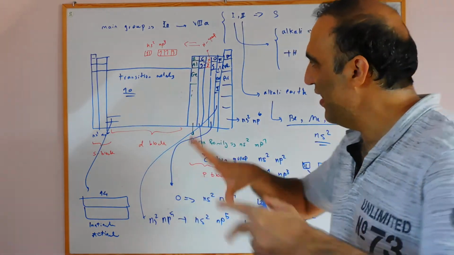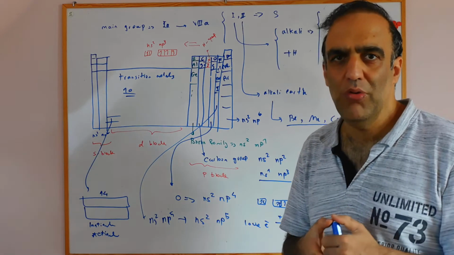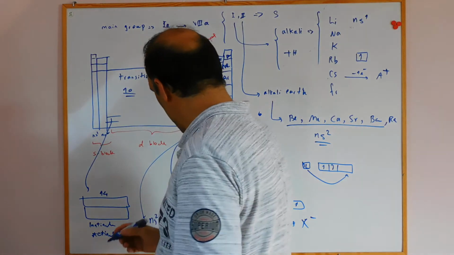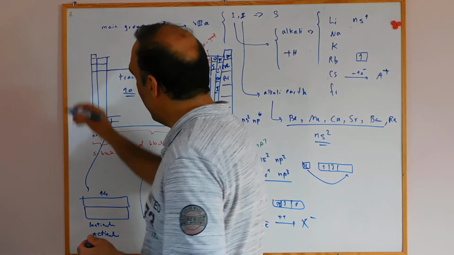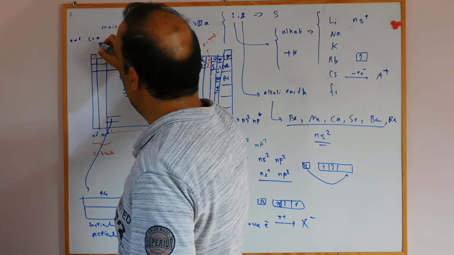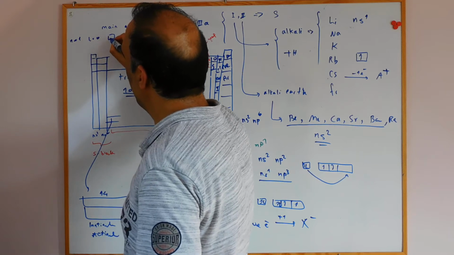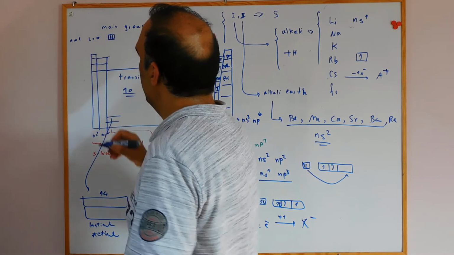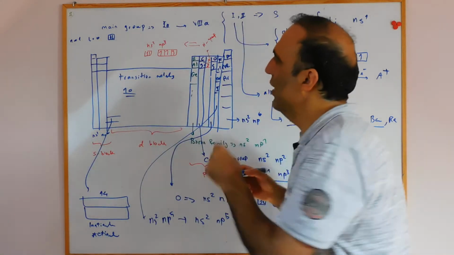Now I will briefly explain about the quantum numbers also. As you see here, when we have n equal 1, l equal 0, and ml is just 0, and we have 2 spins. In this situation, we have just two options.